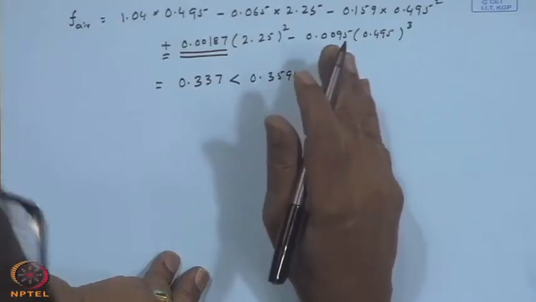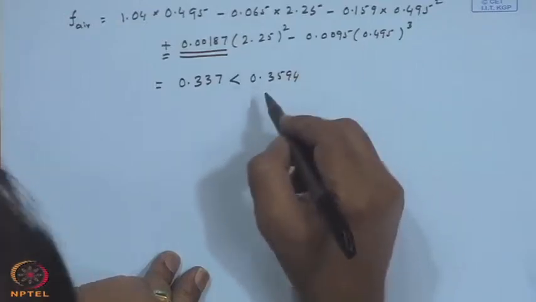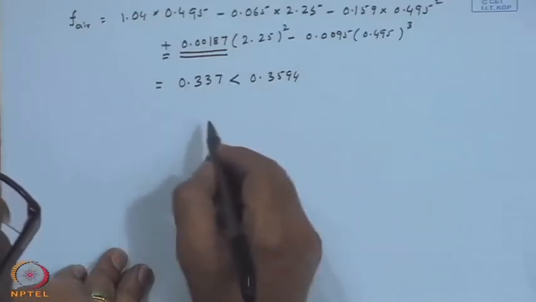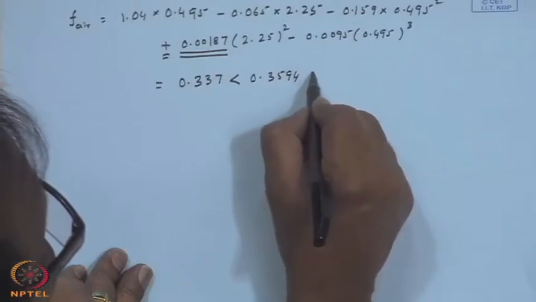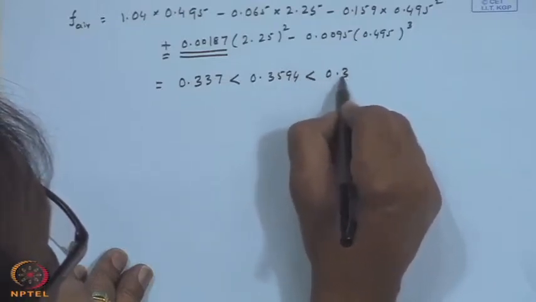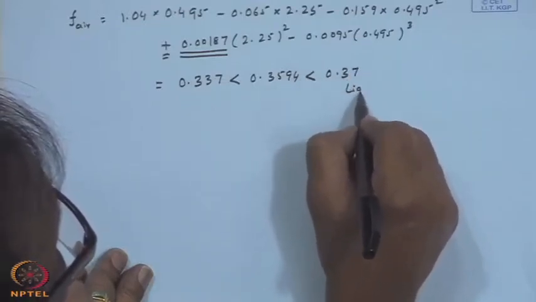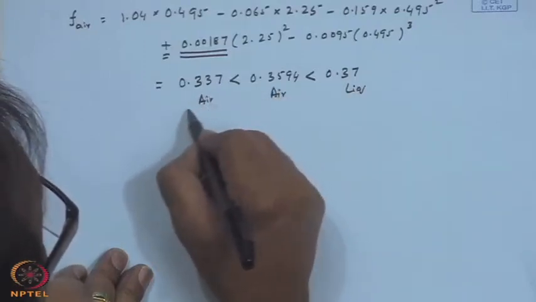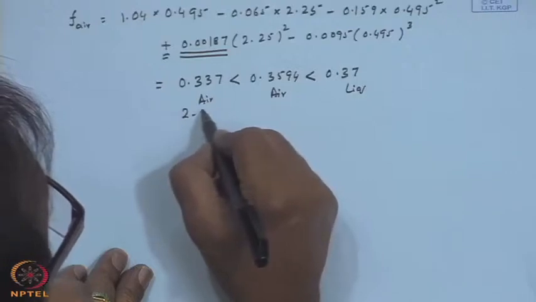So, the standard flow rate is sort of an optimum flow rate also, right. So, consequently, you can say this is less than 0.37 or whatever it is for liquid, for air at 2 times flow rate.